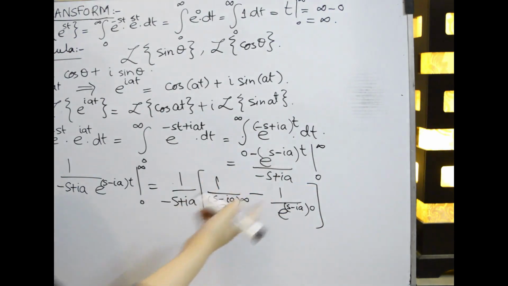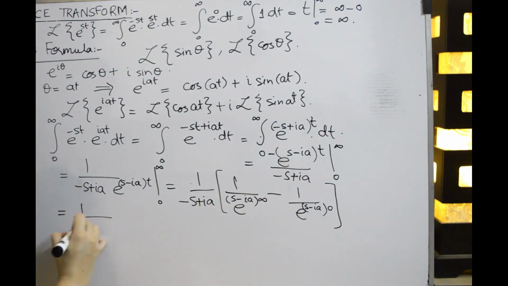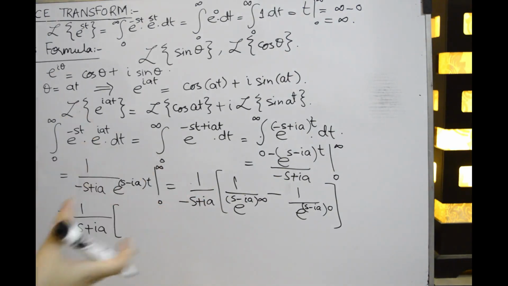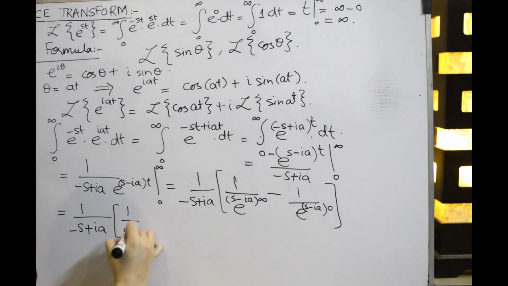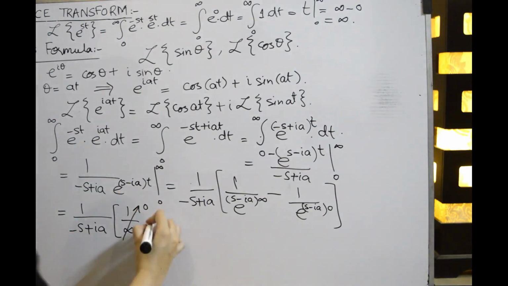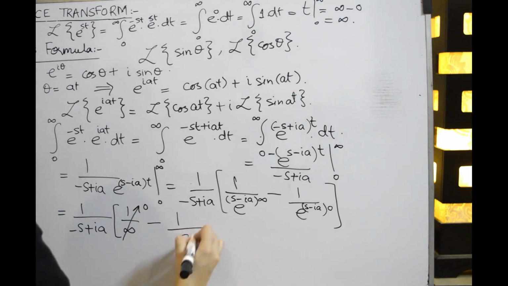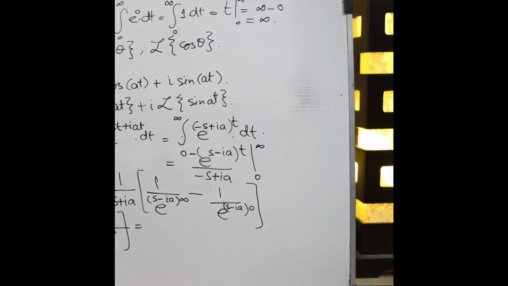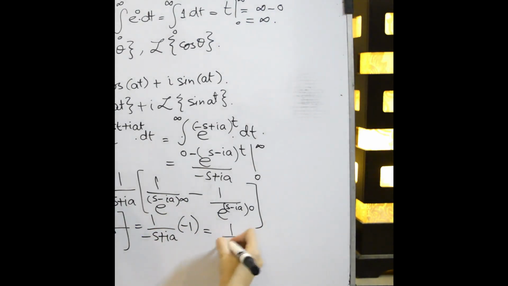So 1 over minus s plus iota a, and 1 over e to the power infinity into a constant value is 1 by infinity, that makes it 0, and minus 1 over e to the power 0, that makes it 1. So 1 over minus s plus iota a into minus 1. If minus 1 is multiplied with the denominator, then it becomes 1 over s minus iota a.